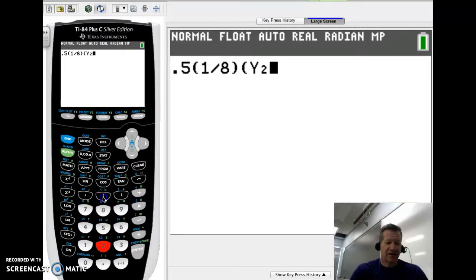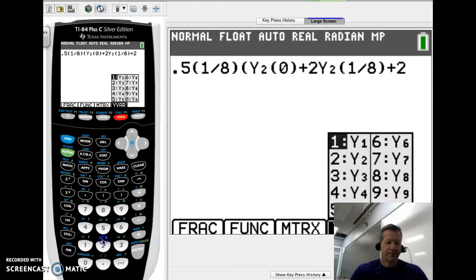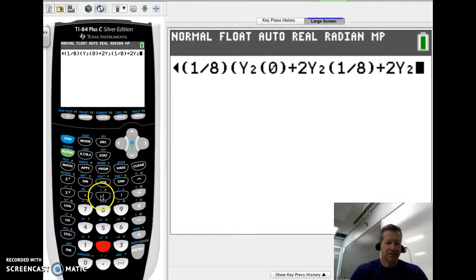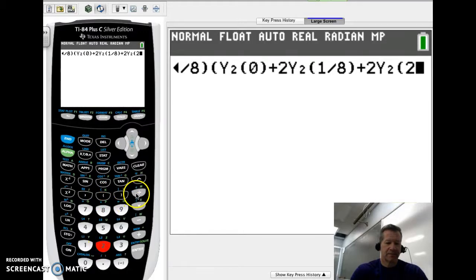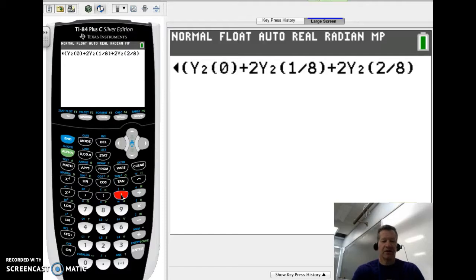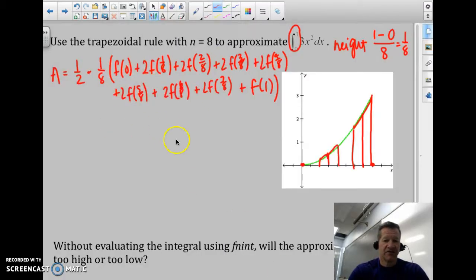I'll have to remember that, of 0, plus twice y2 at 1/8, plus 2 times y2 at 2/8, and so on. Okay, I'm not going to type in the whole thing this time just to save time on the video. So you're going to calculate that whole area of your trapezoid.